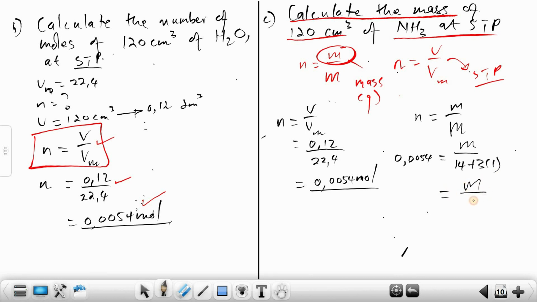Remember, it's m over 17, equals 0.0054, and I can now be in a position of calculating the mass. That will be 0.0054 multiplied by 17, which is equal to something like 0.0918 grams. This now becomes my final answer.